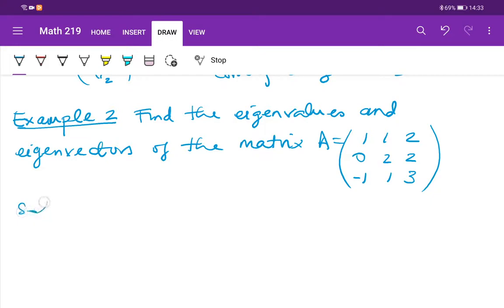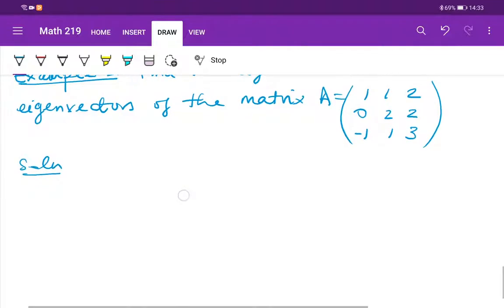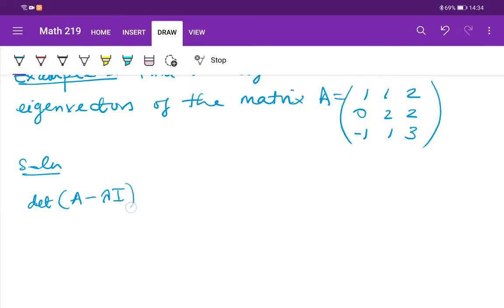To work out the eigenvalues, we first solve the equation determinant of A minus lambda I equal to 0. So this is the determinant of 1 minus lambda, 1, 2; 0, 2 minus lambda, 2; minus 1, 1, 3 minus lambda, and we want this equal to 0.